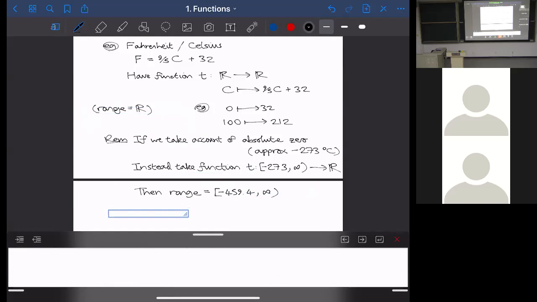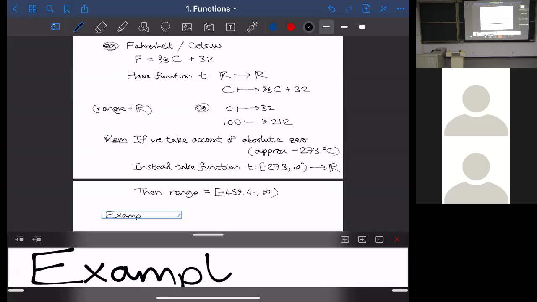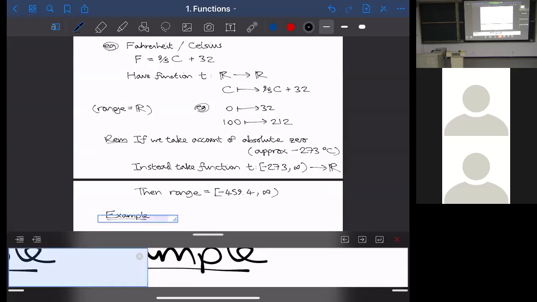Okay, so another function example. This one is from the textbook.